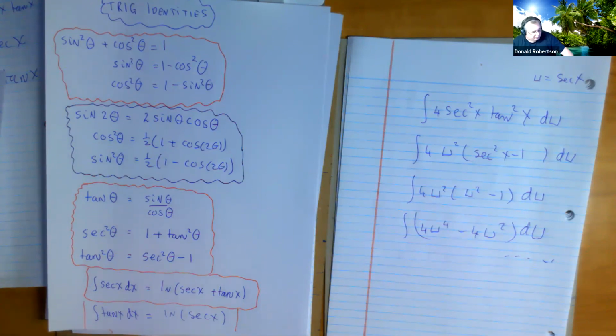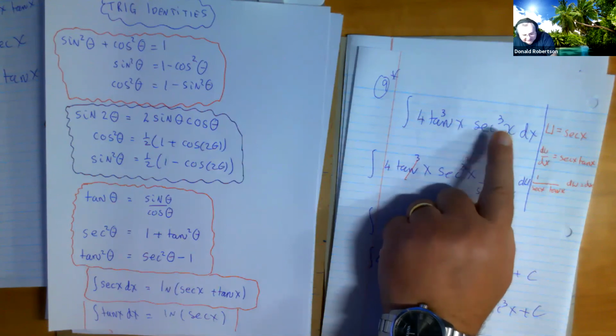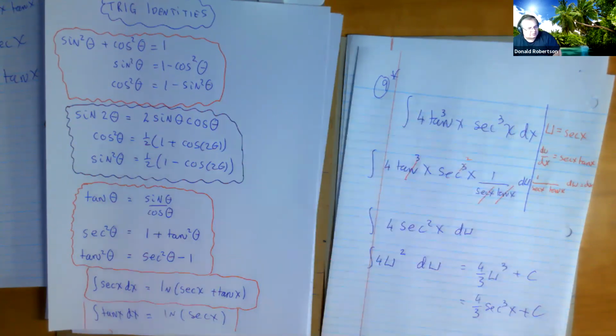So the technique that we've shown you here is how to take care of an odd secant and an odd tangent, right? Like a tan cubed, secant cubed, a tan x, secant cubed, right? Actually, it will work for a tan cubed secant squared.